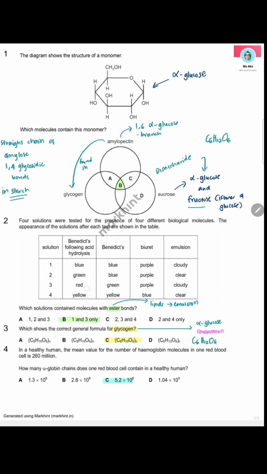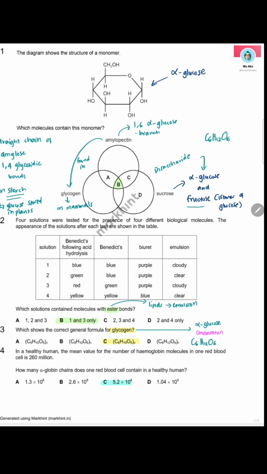So for starch, basically this is how glucose is stored in plants. And this is how glucose is stored in mammals. Okay, there you go. So to go back to the question, which of these molecules contain this monomer, which is an alpha glucose?